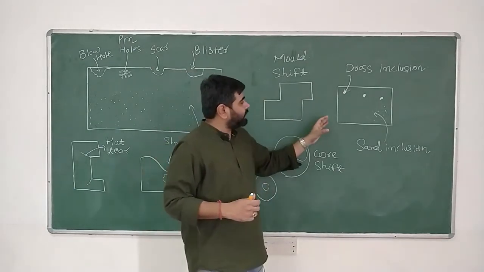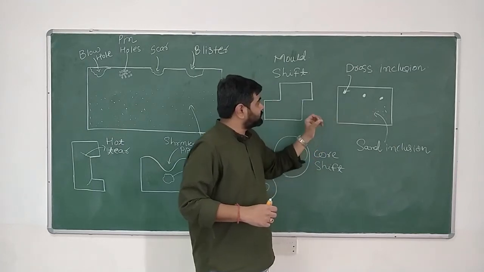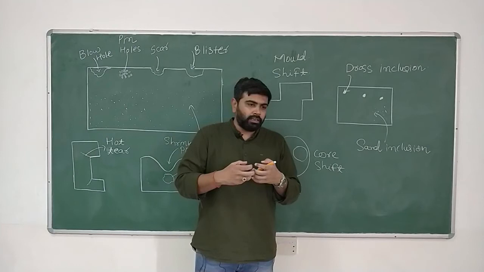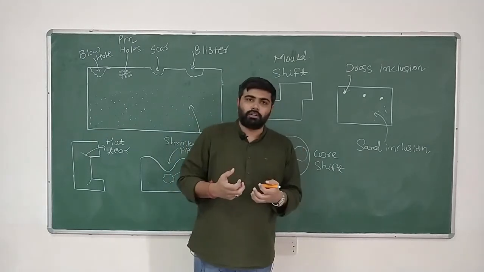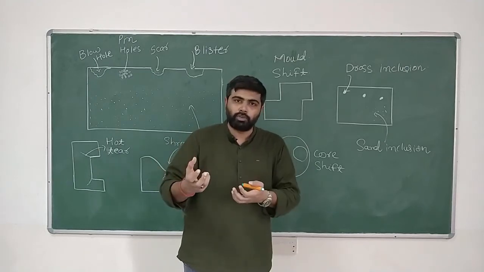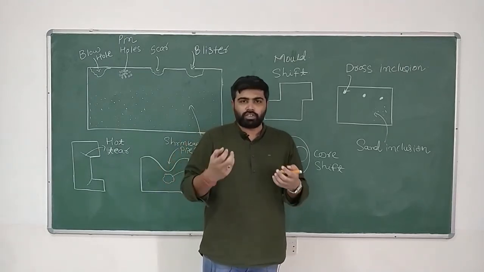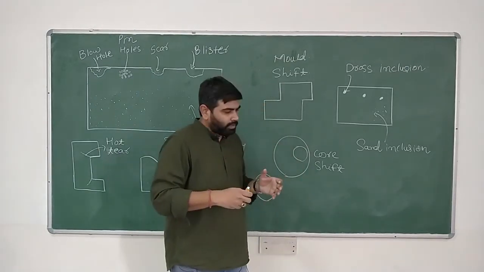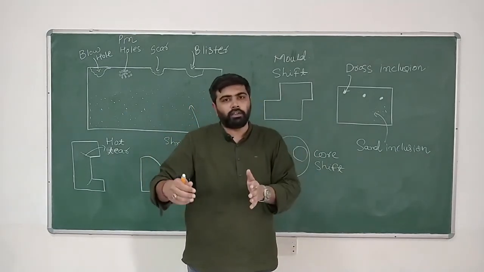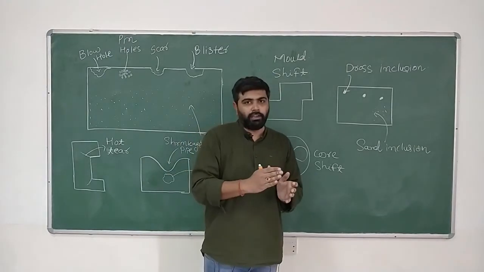And the last defects that we are going to discuss are dross inclusion and sand inclusion. We know that the liquid metal has a huge amount of energy, and it wants to react with the oxygen, it wants to react with the atmosphere, and it wants to form oxide layers. When an oxide layer is formed in the liquid metal, before pouring it, we try to remove the oxide layer.